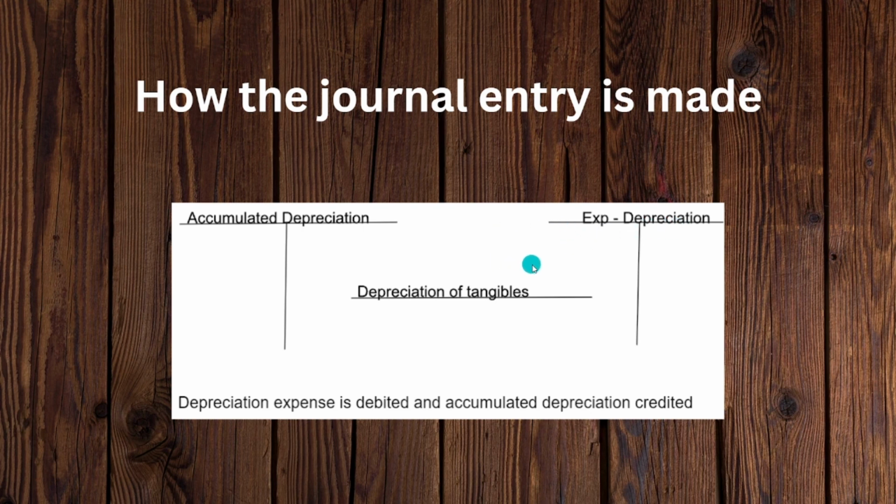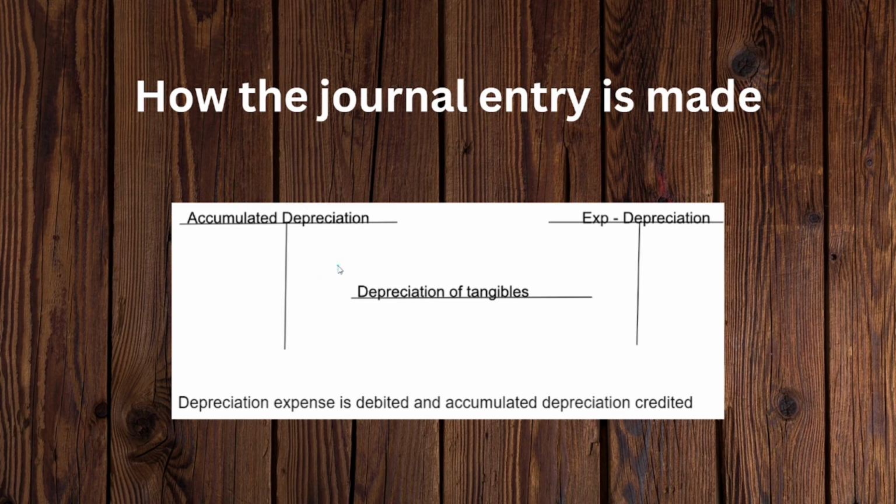With our depreciation example, the depreciation expense will be debited and then accumulated depreciation will be credited. Accumulated depreciation is credited because this will reduce the cost of the asset on the balance sheet. So that is why we have the credit.